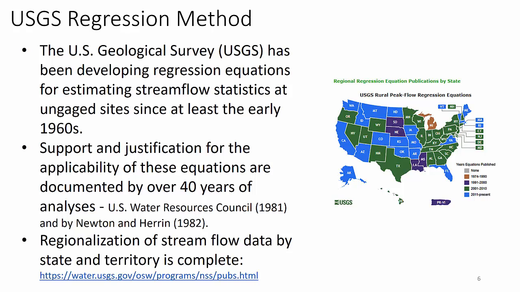Support and justification for applicability of these equations are well documented. Regionalizations of streamflow data by state and territory is nearly complete. You can see the eras of completion started out in Michigan in the 70s, and then we've worked our way through the 90s. Basically, you can track federal investment in USGS based upon when these things were done.